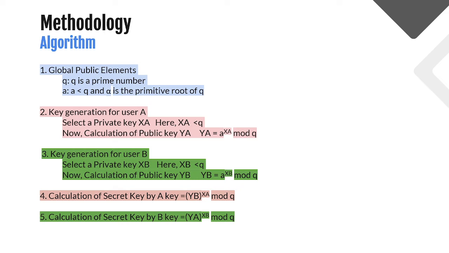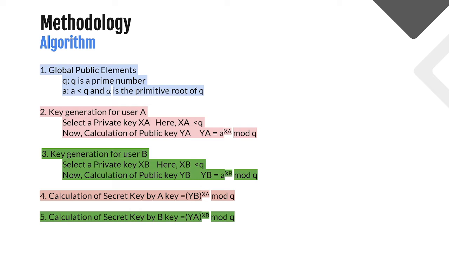Now next is methodology. We can see here an algorithm for Diffie-Hellman key exchange. The first step is the global public elements. We know that they have global elements, such as a global public key. q is a prime number, and alpha is less than q, and alpha is a primitive root of q.